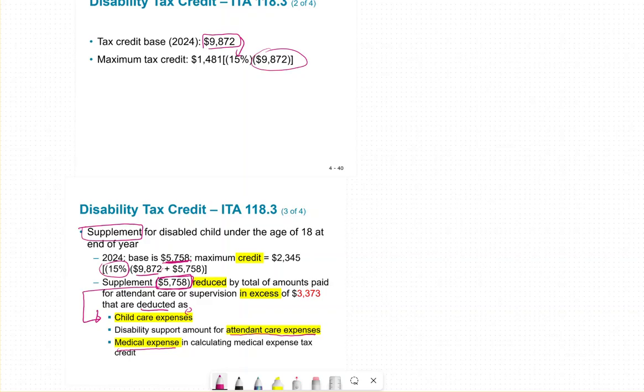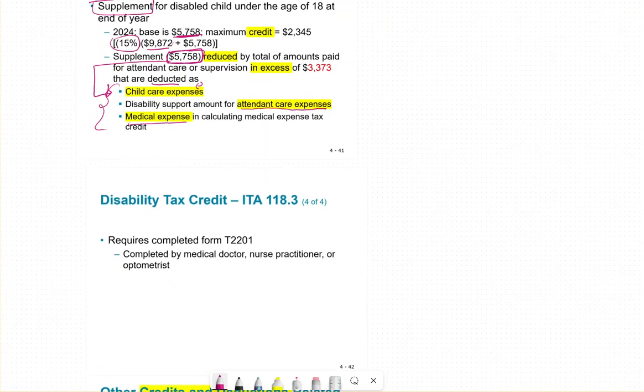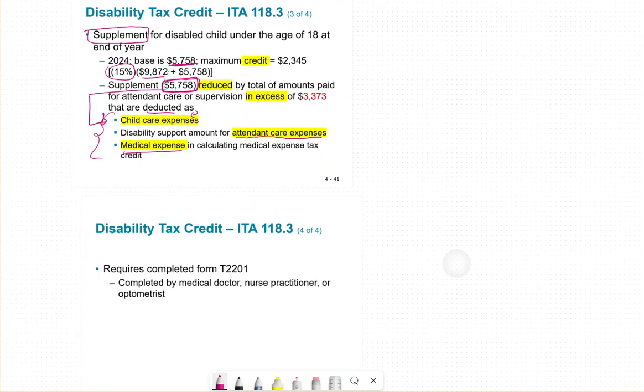So if you are applying for the supplement, these need to be taken out when you're calculating your supplement, and that supplement is 15% of this amount. So you're going to take it out of this amount. That's what you're going to do. So this amount gets reduced by what you pay for child care expenses or any attendant care expenses.